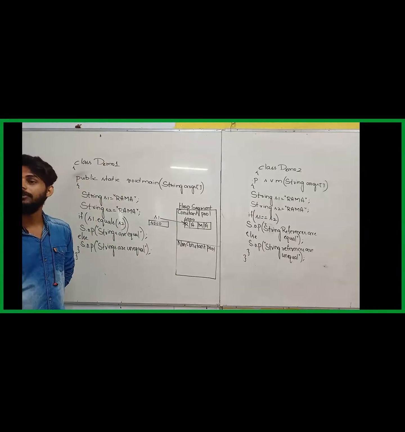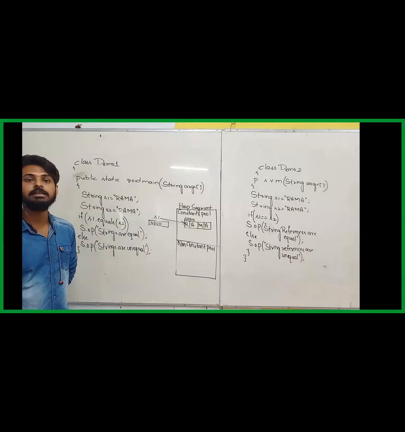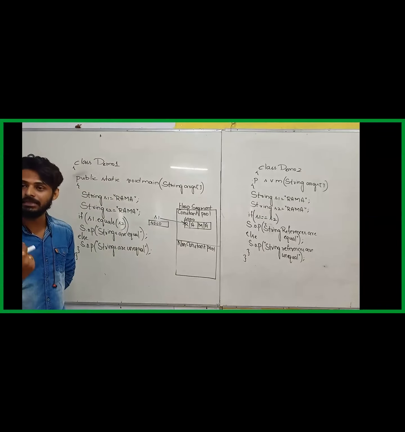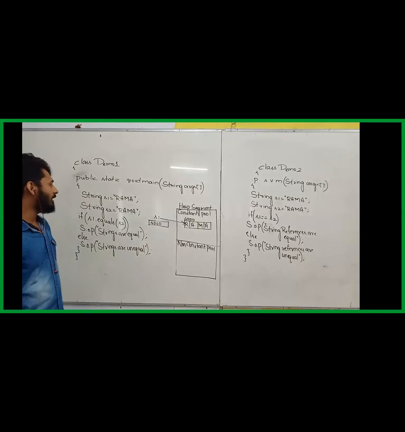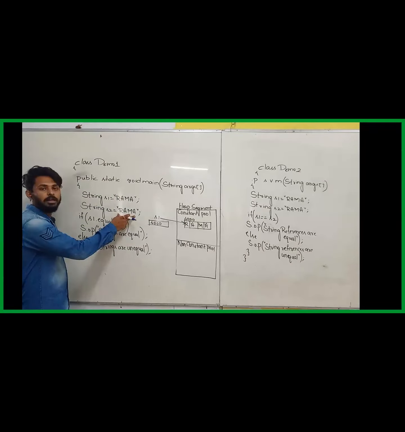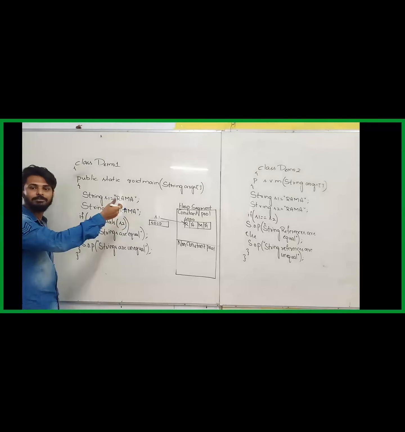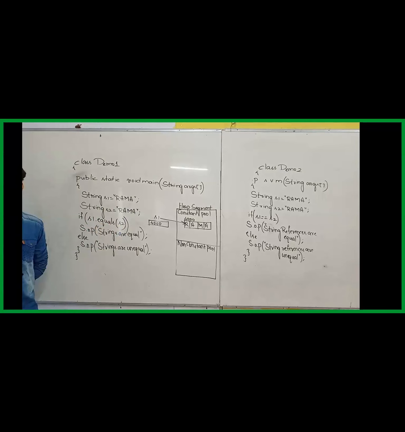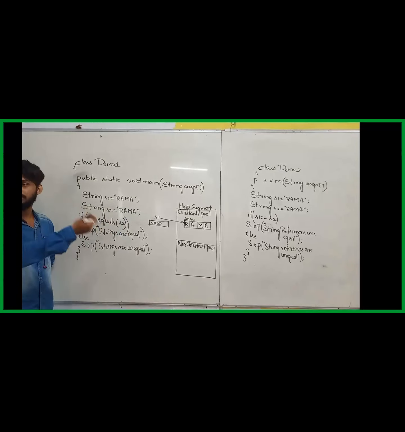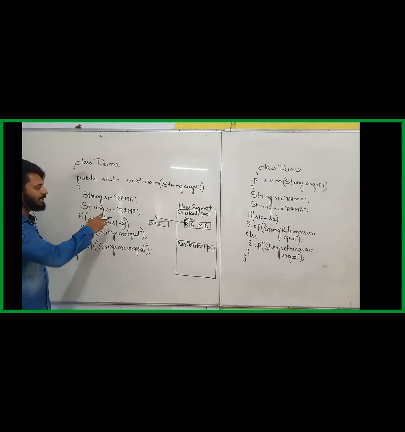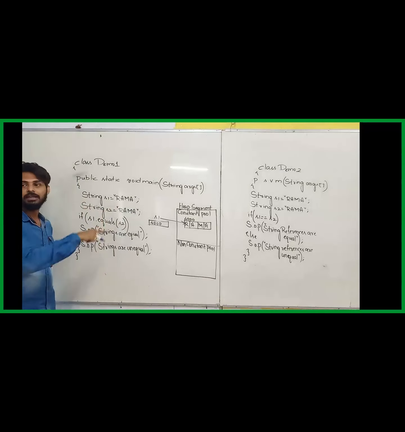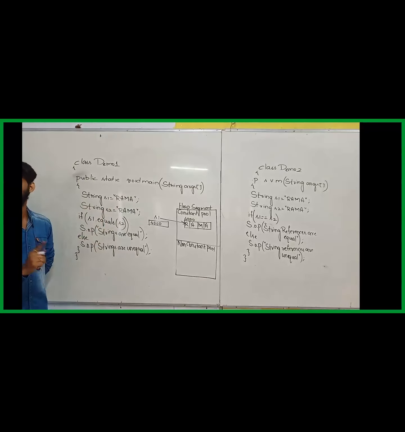So it will scan the complete constant pool to check whether there is any other string with the same value, Rama. For the first value I did not explain this because no other values were stored; the first time I directly stored it. As it is the second time, it will scan, and if it is already there, it will not create one more.